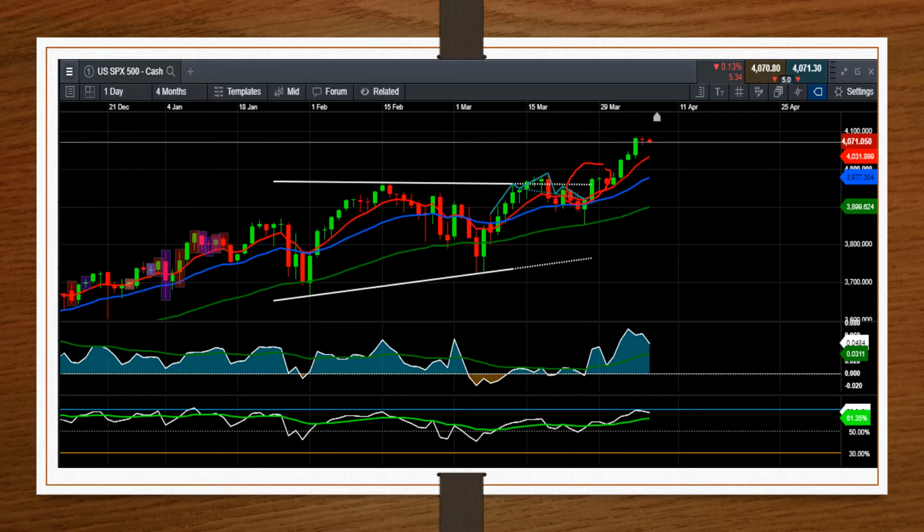Here we've got a symmetrical triangle. It's a bullish pattern, and my purchase will go in here, and my stop will go on the other side down here. And what you can see in here at the same time is a mini head and shoulders, which is actually a bearish pattern, but it looks kind of clumsy, so this one doesn't affect us.